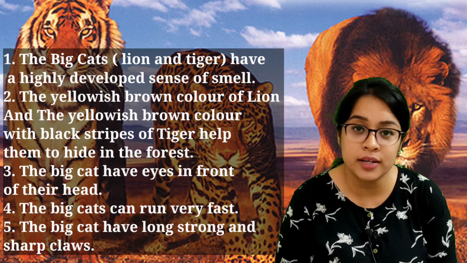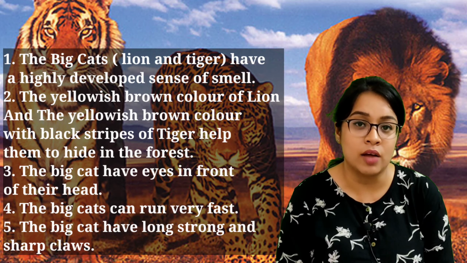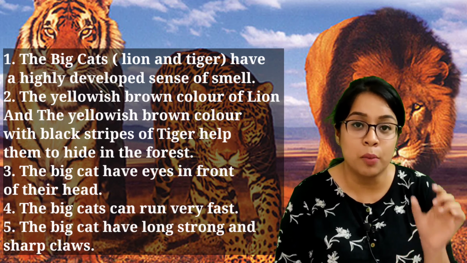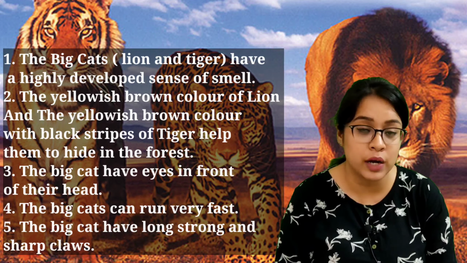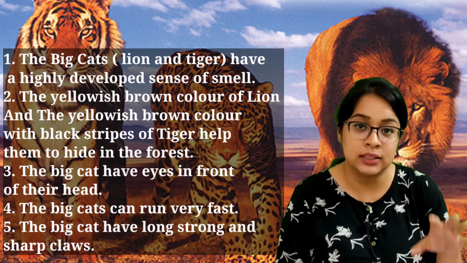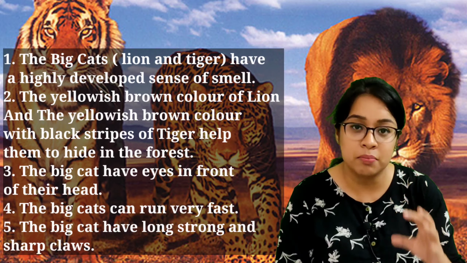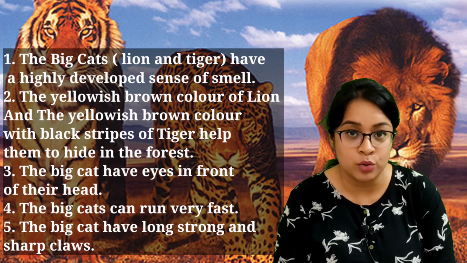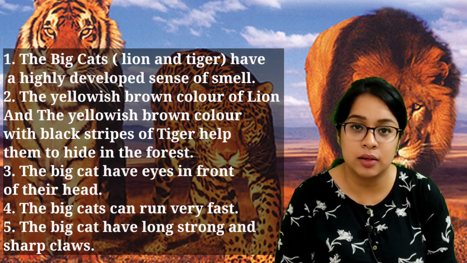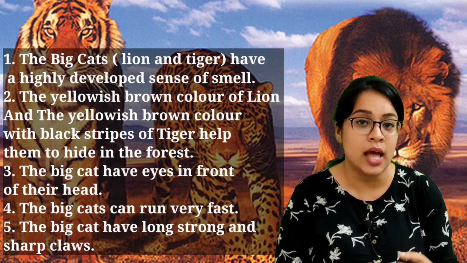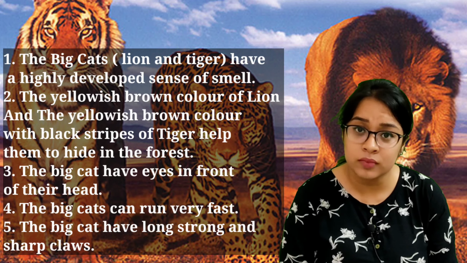In order to hunt their prey, they have a body color that is mainly yellow with brown-black stripes. Where they live, the colors brown and black help them to camouflage in the surrounding, and they can hide in those places, wait for their prey and hunt them.